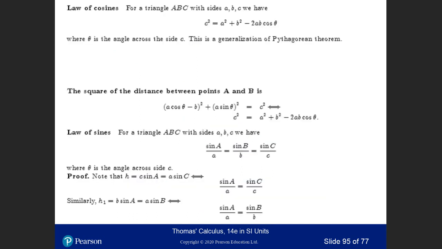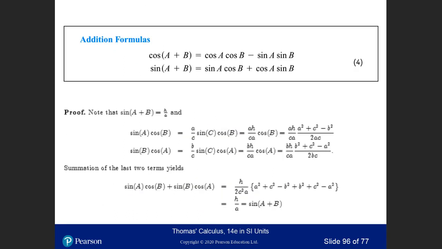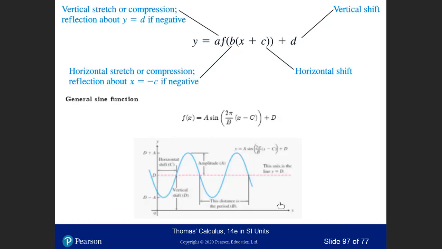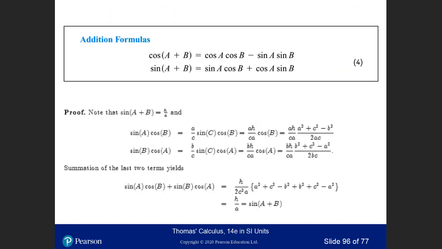So sine B was H1 over A, but I can write B sine A, and sine A is H over C, so you have BH over CA here.